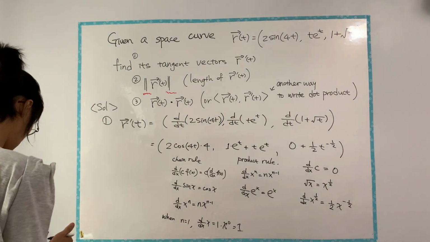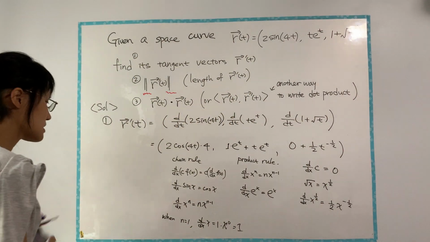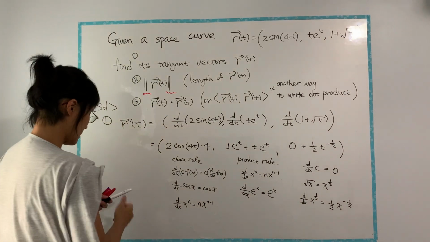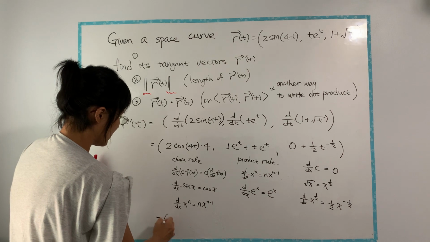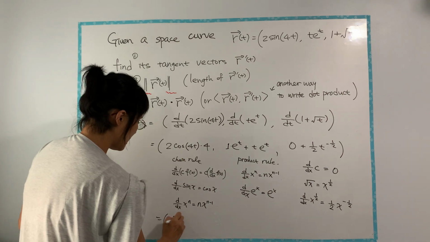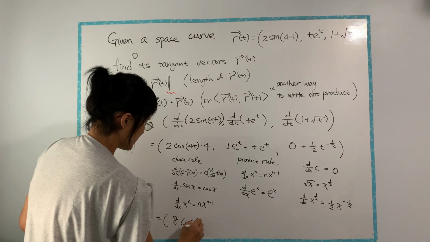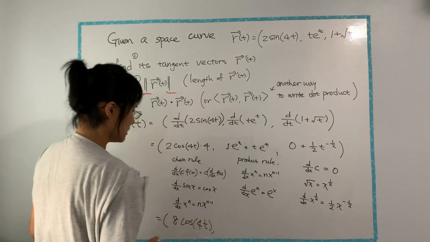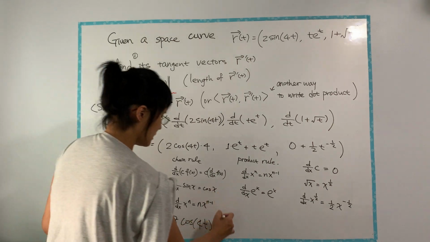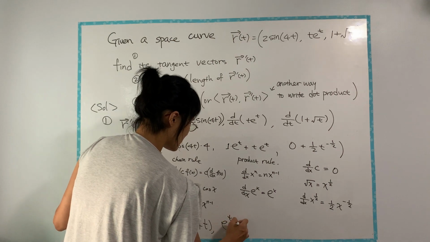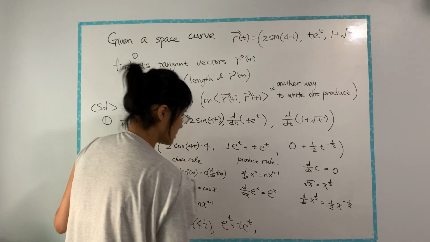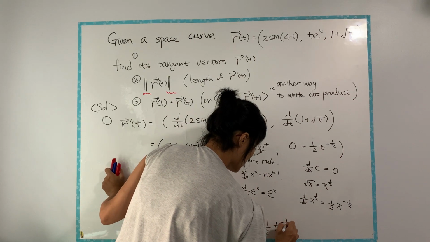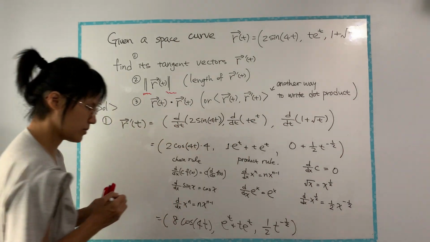All right. Okay, so let's simplify this a little bit. Erase this so then I have one more line. I have 4 cosine of 4t, that was x prime, e to the t plus t times e to the t is y prime, and 1/2 t to the minus a half is z prime.